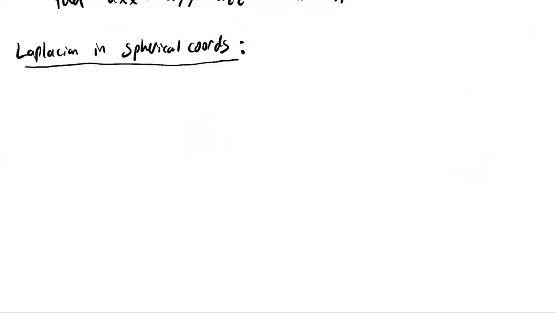Right, and so let's suppose we use the standard coordinate system in 3 dimensions. Let's say this is the x-axis, this is the y-axis, and this is the z-axis. And let's fix a particular point, say (x, y, z), in the 3D coordinate system.